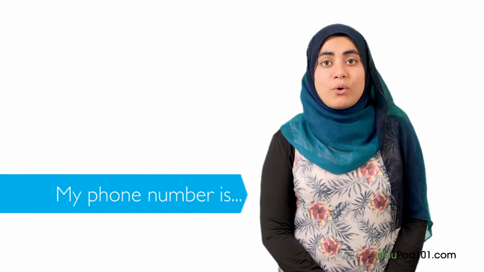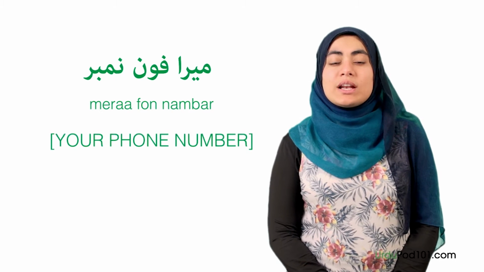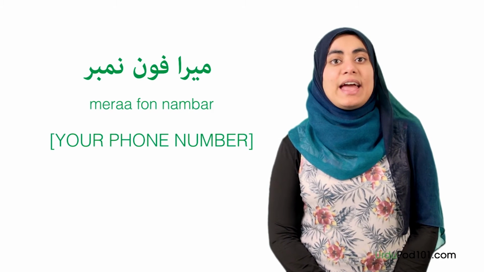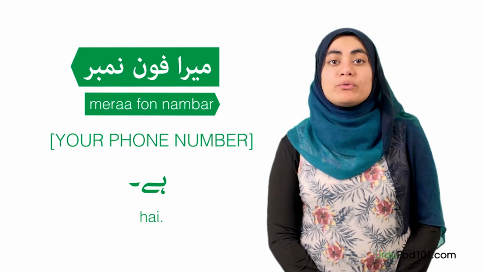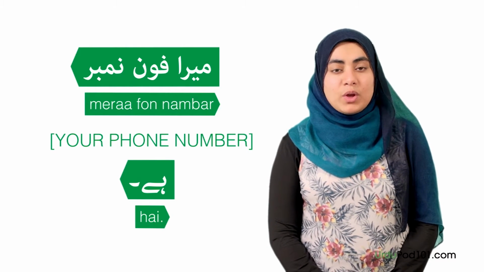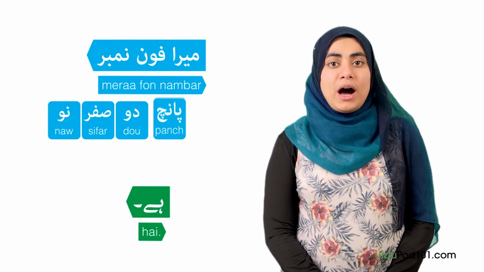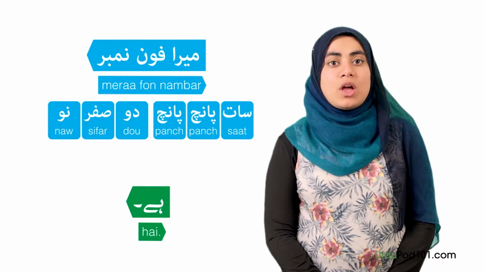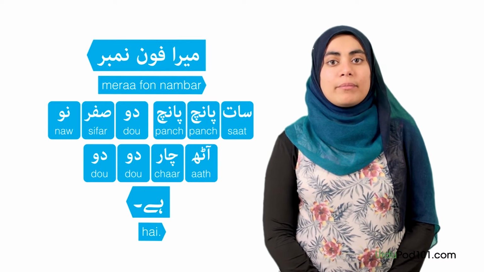Let's try it together. To say my phone number is in Urdu, first say the phrase Mera phone number, then say your cell phone number and finally say hai. Mera phone number. Your phone number hai. For example, Mera phone number 902 557 224 8 hai.